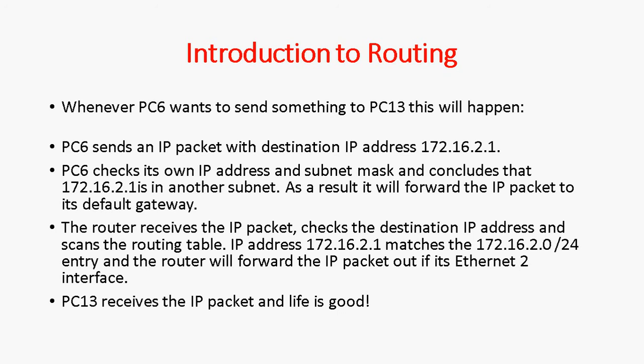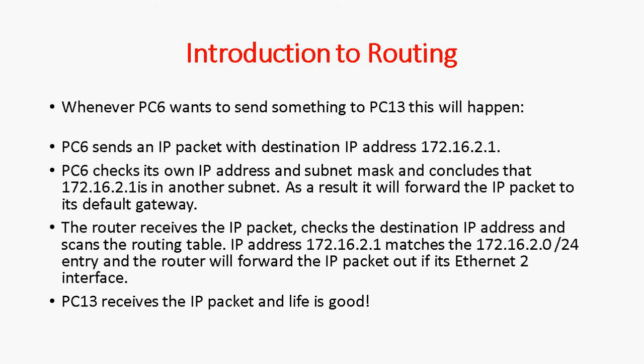In the last video session I explained what the default gateway is. If you have not watched that concept, please go through it and then you will be able to understand this video. It will conclude that 172.16.2.1 is another subnet, and as a result, it will forward the IP packets to the default gateway.